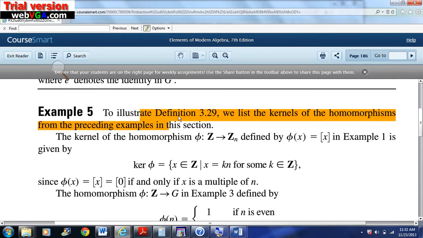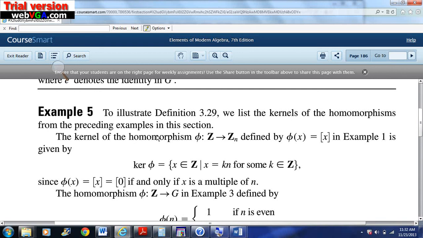To illustrate this definition, we list the kernels of the homomorphisms from the preceding examples in this section. So in the preceding example, we looked at that and found out that it was a homomorphism.